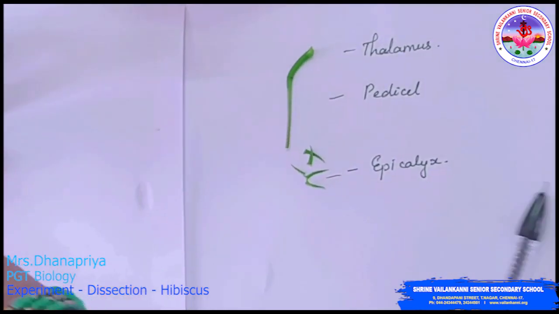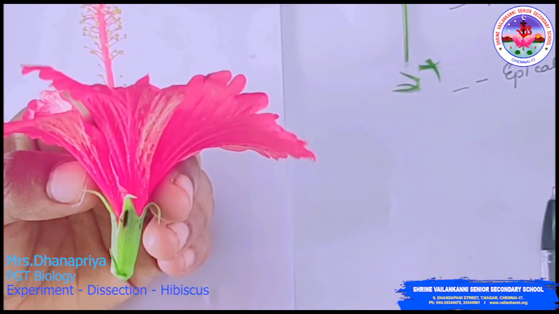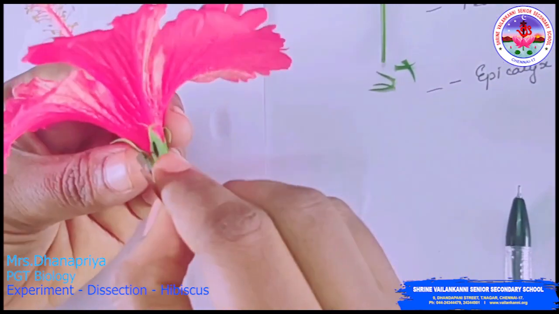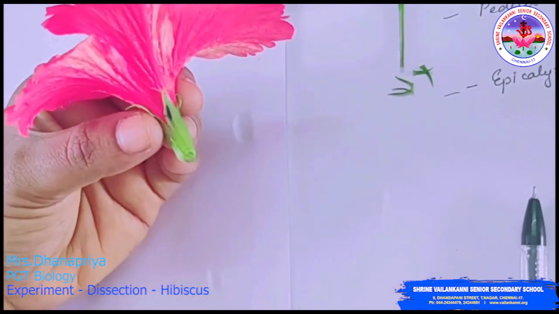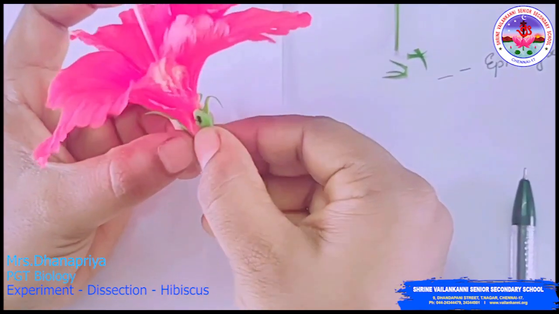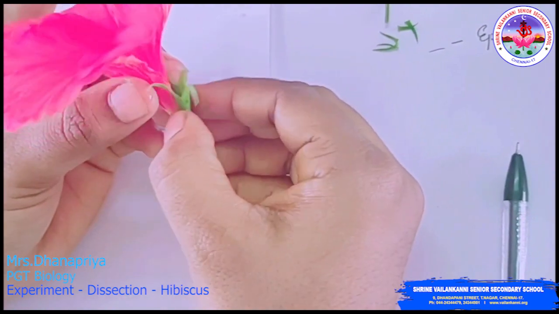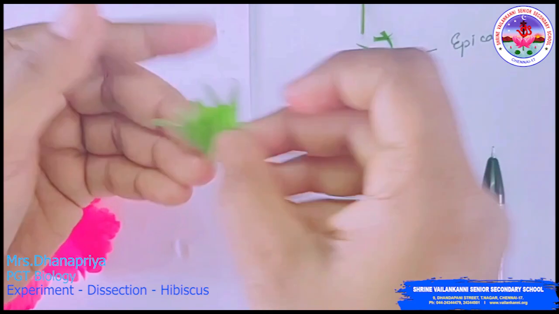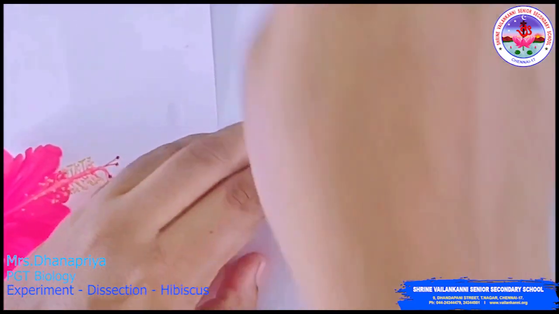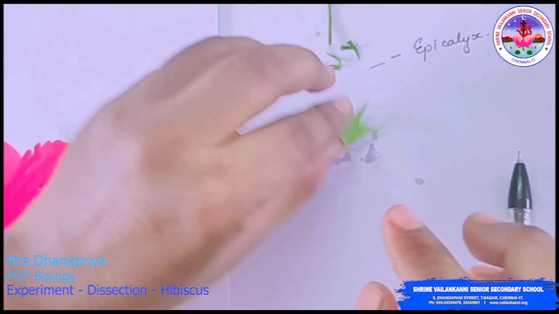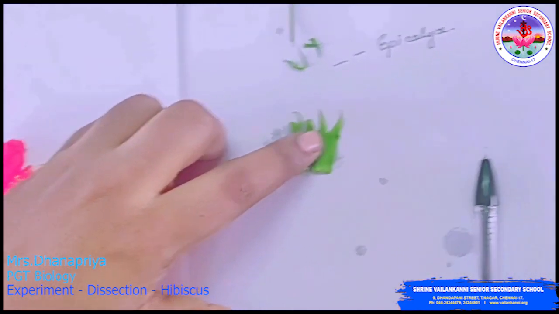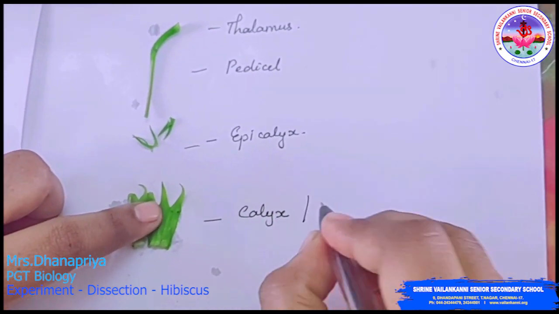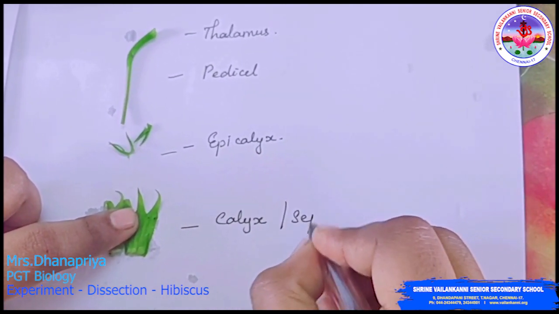I don't have a dissection needle at home, so today I use a blade to cut this. You just cut the calyx part and you can remove the calyx. You can see the calyx, 5 in number. The calyx is otherwise called the sepals.